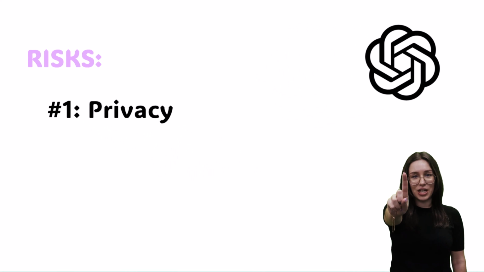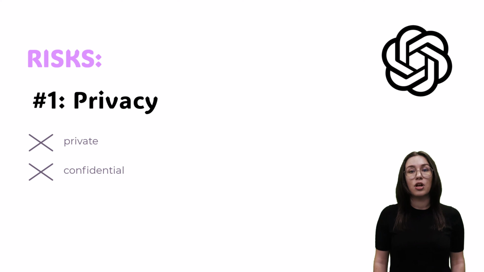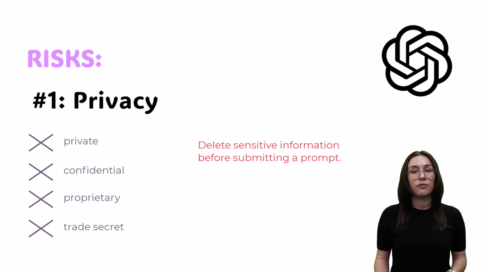Privacy and confidentiality. In your conversation with ChatGPT, make sure not to share any private, confidential, proprietary, or trade secret information. Look for any identifiable information like the name of the variables or any specific pieces of code and delete them before actually submitting the information to ChatGPT.